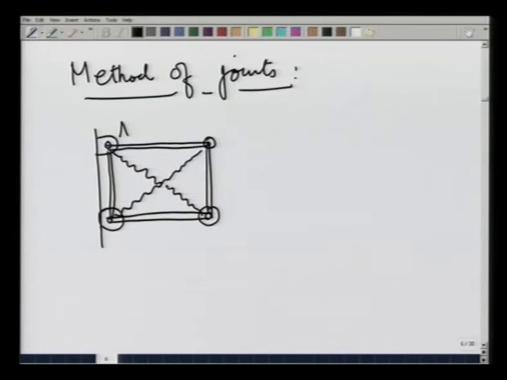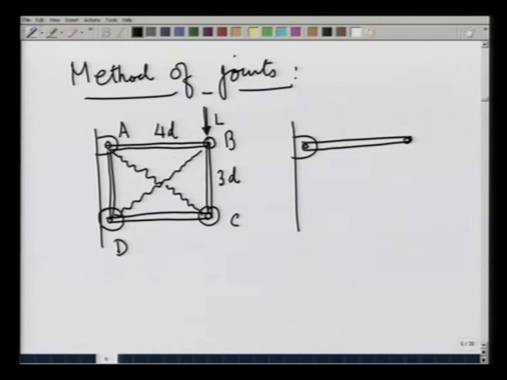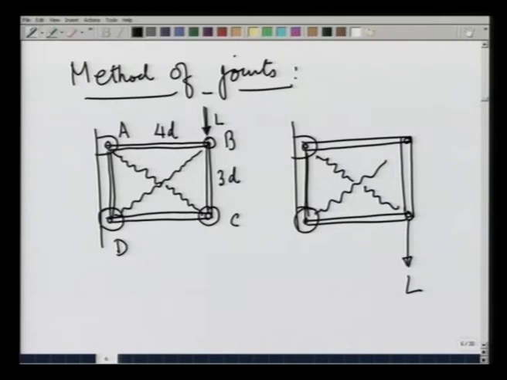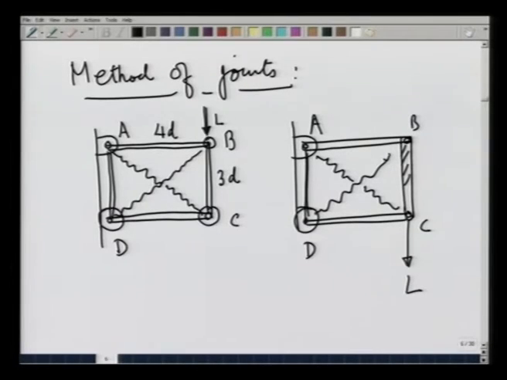Let me call this system A, B, C and D. This length is 4D, this length is 3D, and we load the system once at point B by a load L, and another loading is done at point C, the same L. These are 2 ropes, A, B, C and D, and in both the cases I want to know the forces developed in these rods or members and these ropes.